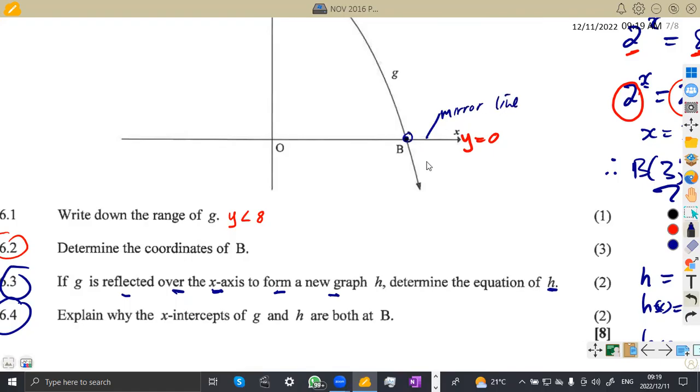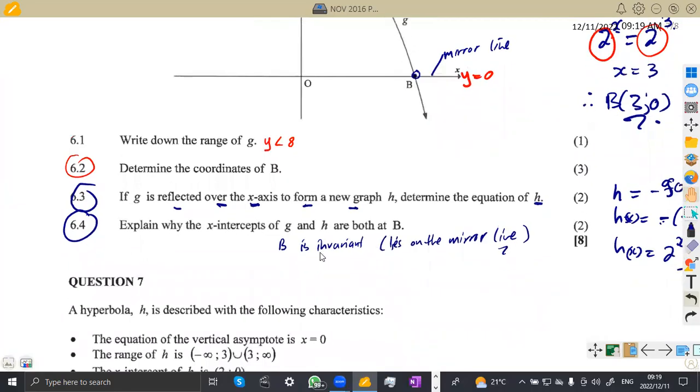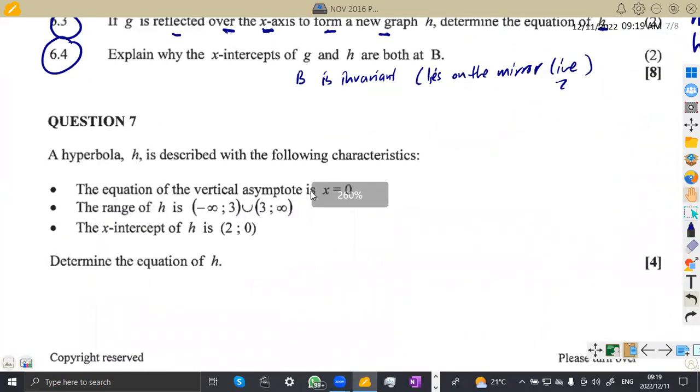So the point B is invariant, because it lies on the invariant line, or the mirror line. If it lies on the mirror line, that means it won't change. It will remain the same. There are so many ways, guys, that you can use to answer this question.